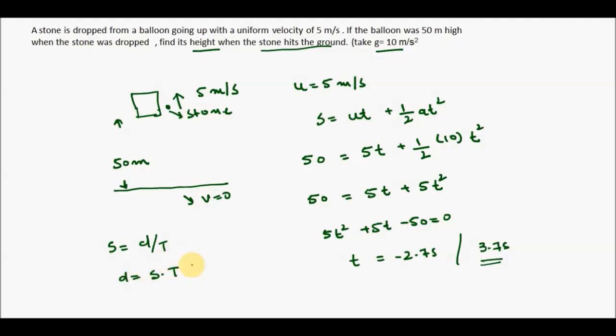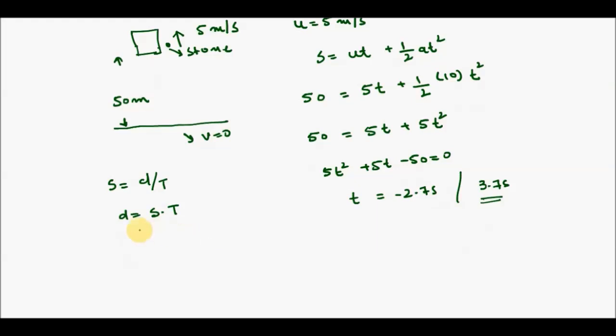Now the speed of the balloon is 5 meters per second, so I can write d equals simply 5, and time is simply 3.7 seconds, so I'll substitute it here, and d will be simply nothing but 18.5 meters, right?